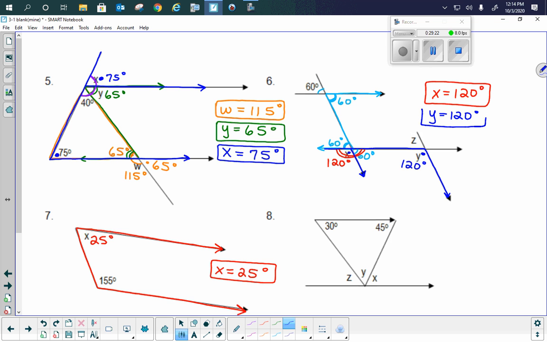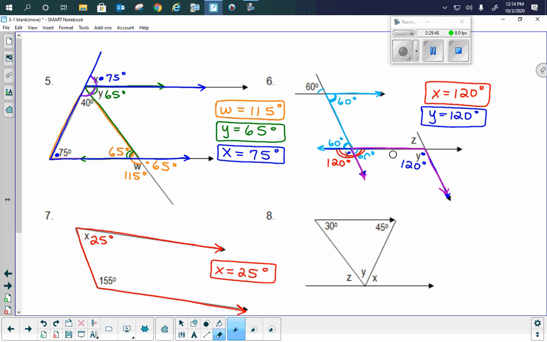Of course. I also see here's a C right here. Okay, with the appropriate parts parallel. So you're supposed to know that this angle where the 60 is and this angle where the 120 is are supposed to be supplementary, right? Angles inside of a C are supplementary.